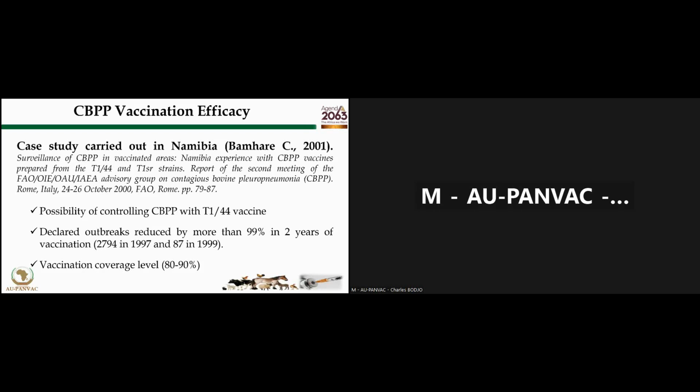For example, a study conducted in Namibia managed, after 2 years, to reduce outbreaks of this disease by almost 99% in some parts of the country, using vaccination coverage of up to 80 to 90%.